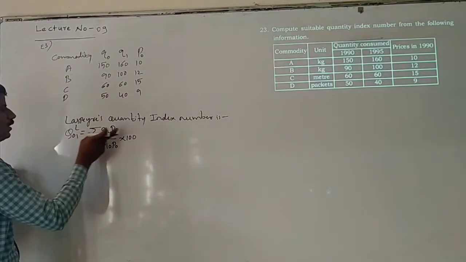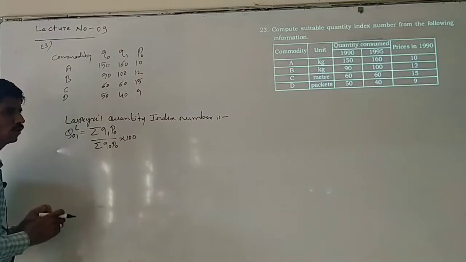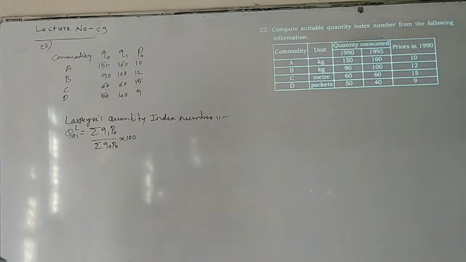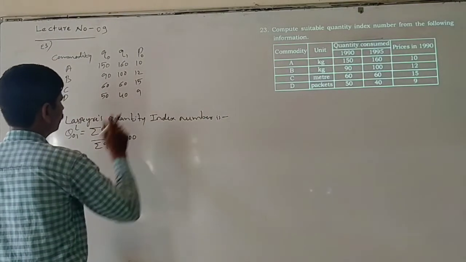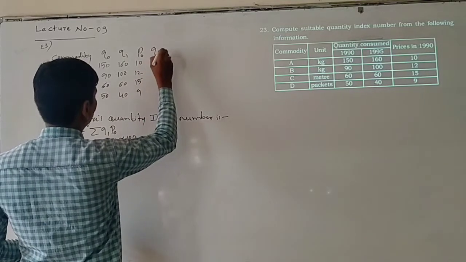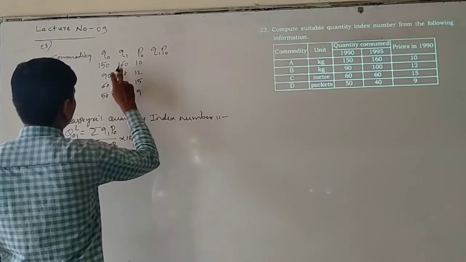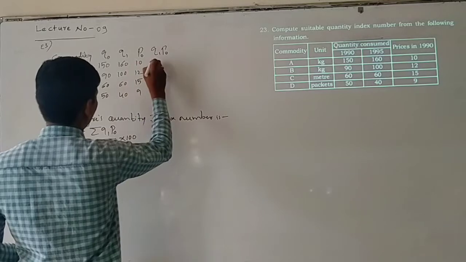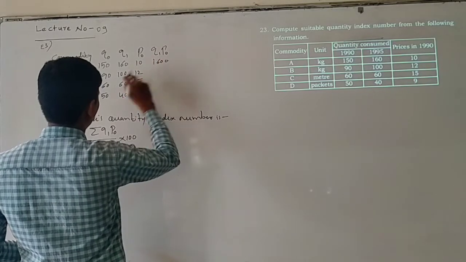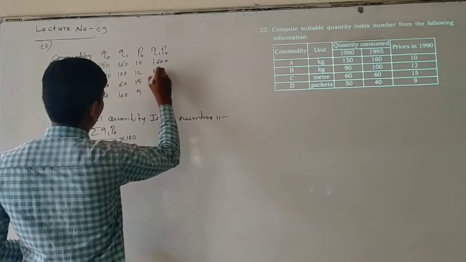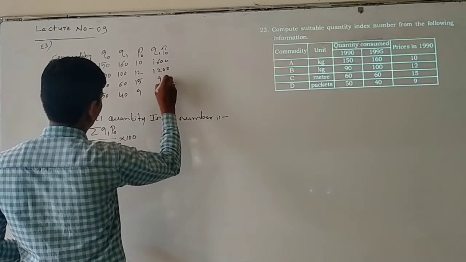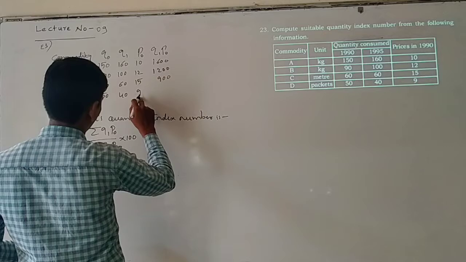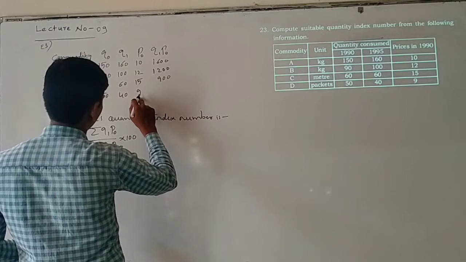Okay, here you have to multiply Q1 into P naught. You want sum of Q1 P naught. Here Q1 into P naught: 160 into 10, 1600. 100 into 12, 1200. 60 into 15, 900. 40 into 9, 360.